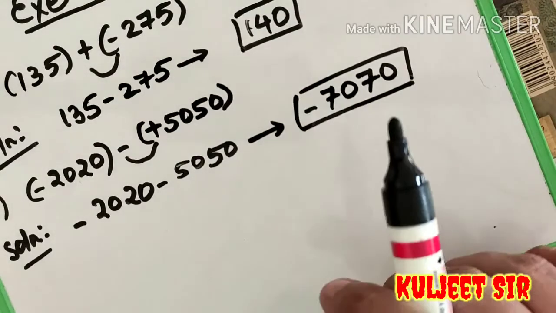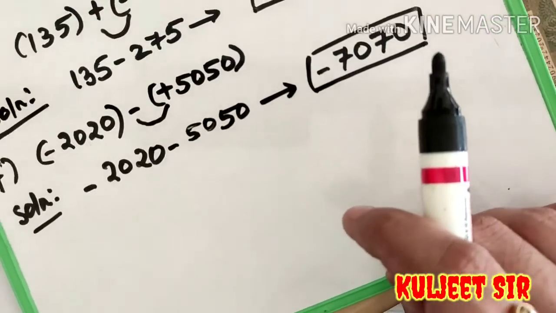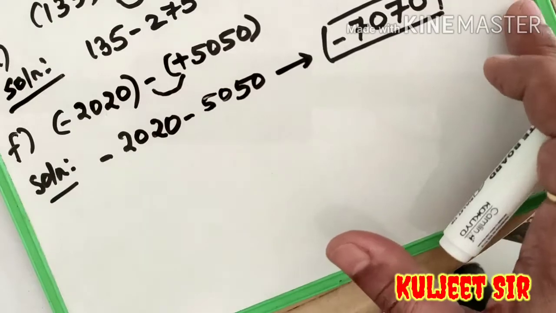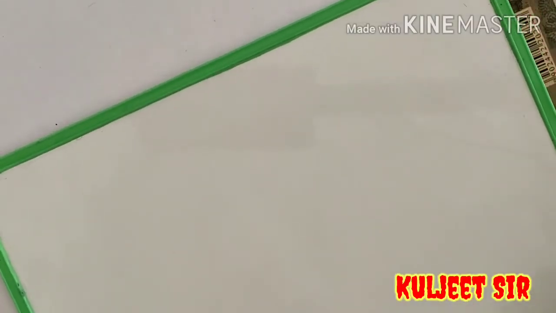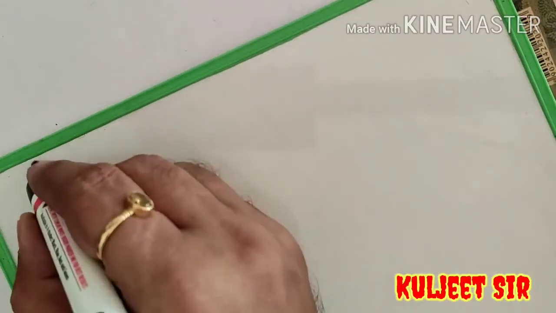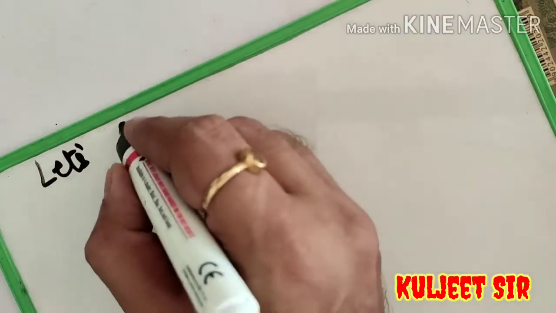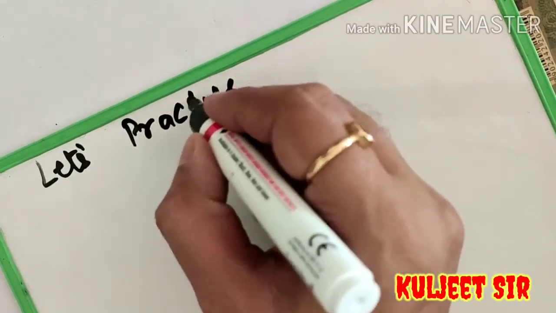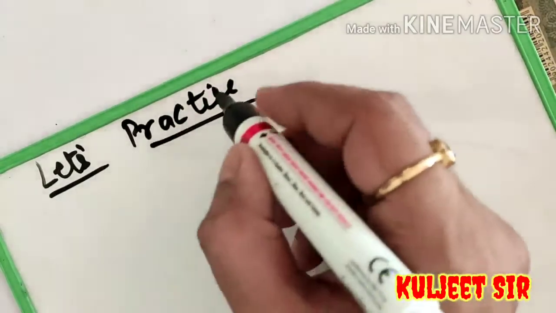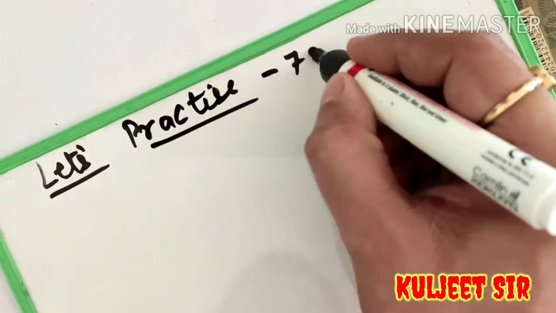Now again, sum number 4 and sum number 5, they are quite easy enough. 4, 5 and 6. We'll move on to Let's Practice. It is on page number 70 and 71.